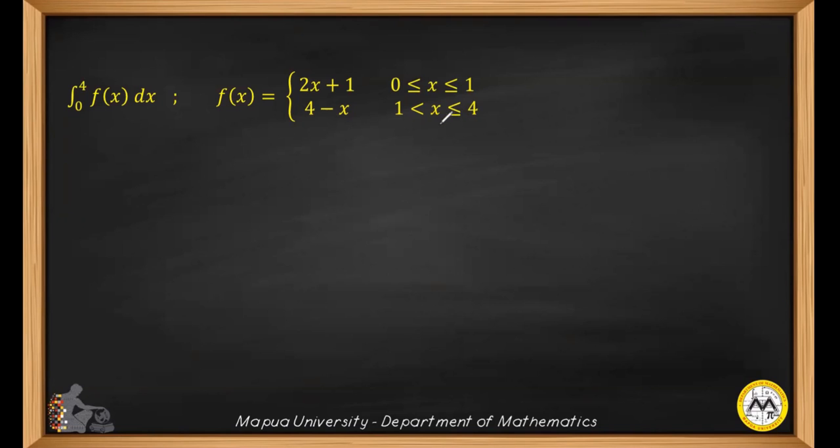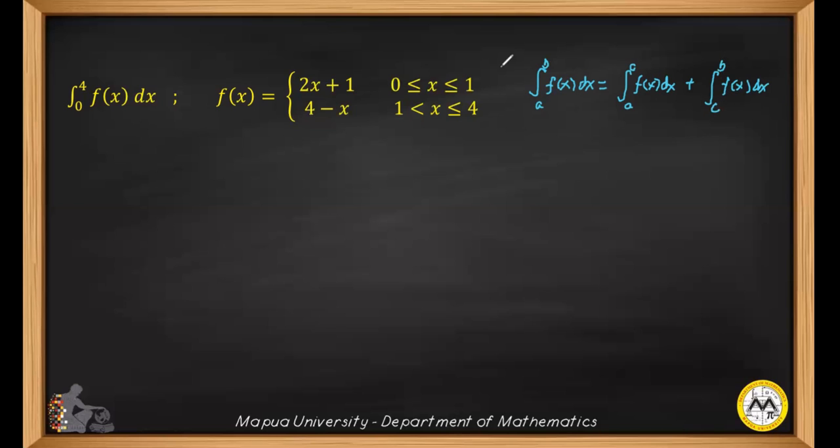Now, to evaluate the integral of f of x dx from 0 to 4, we are going to consider the property of definite integrals, that if we have the integral of f of x dx from a to b, we can express this as the sum of the integral of f of x dx from a to c plus the integral of f of x dx from c to b.